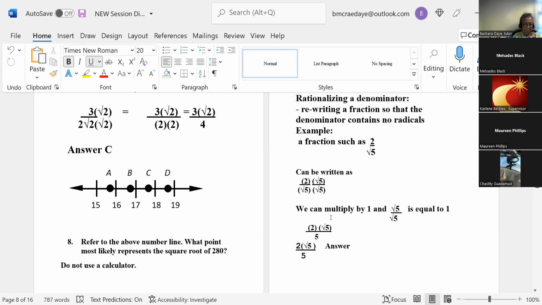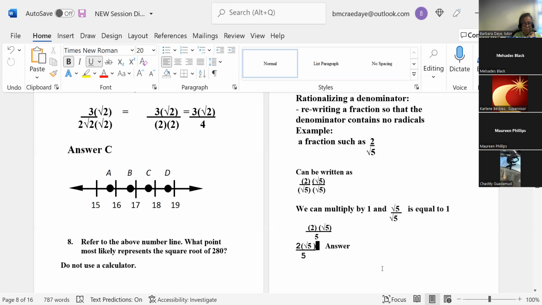In other words, the radicand. You got it? So this 2 times square root of 5 remains as it is. The denominator is now 5. So your answer is 2 times square root of 5 divided by 5. That's the rationalization of 2 over square root of 5.